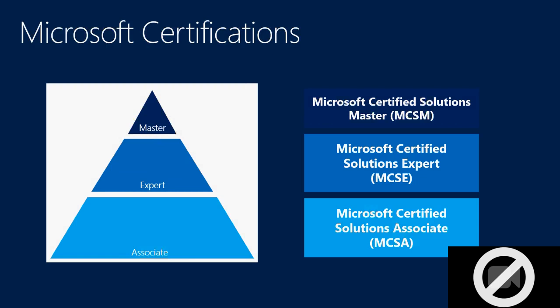Then we can go ahead for the expert position. For expertise, we have to do MCSE, and for masters, we have to do Microsoft Certified Solution Master. So currently this course is for the experts.